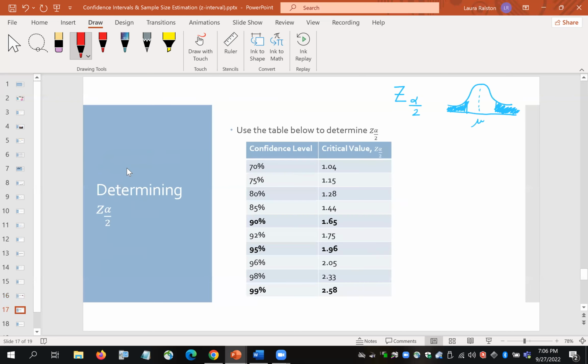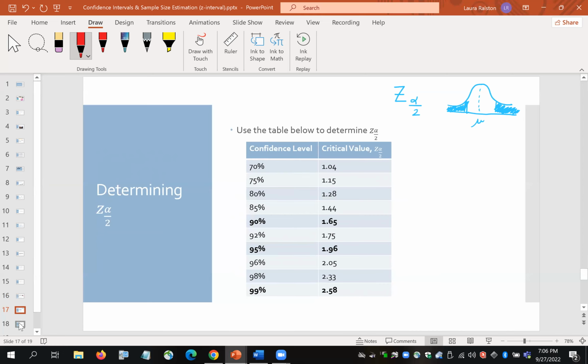So on the next slide, I have those Z alpha divided by 2 critical values. I've given you a variety of confidence levels. Again, the 3 most popular are 90%, 95%, and 99%. The value for that Z that you're going to use is the value in the right-hand column.